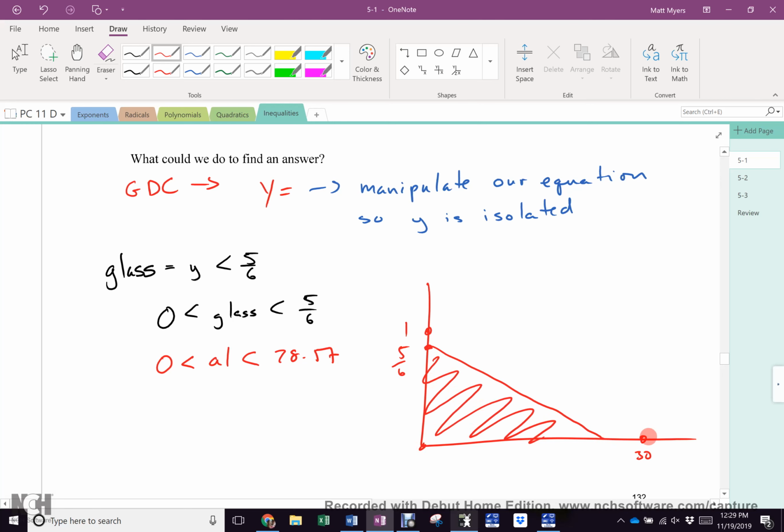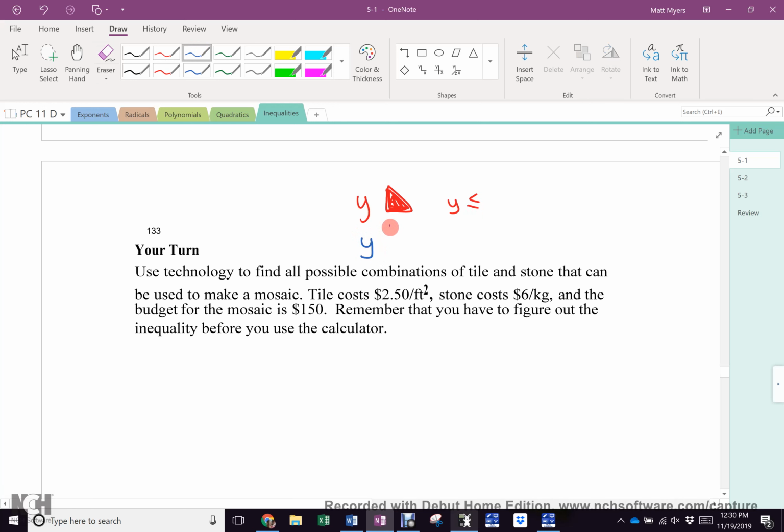And then try this one before we go on. Now remember, that's y is less than, right? I'll change color. Which obviously means that's y is greater than, right?